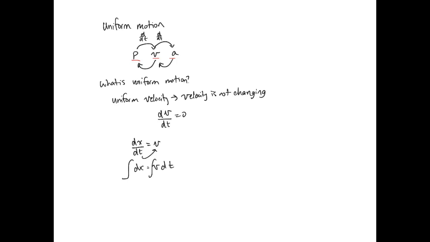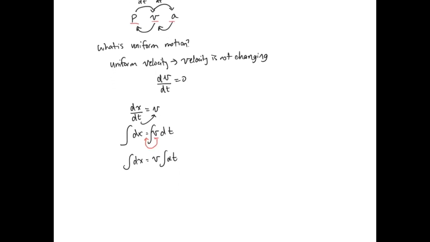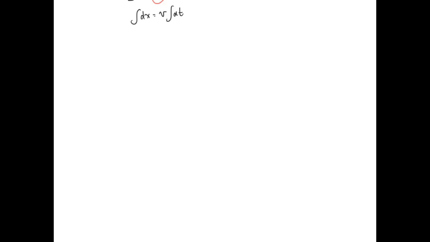But now, because velocity is not changing, it means we can move this velocity outside of the integral. So we don't have to integrate velocity because it's not changing with time. So now, if we move the v outside, we would have the integral of dx is equal to v times the integral of dt. When we perform this integral, we add our limits.